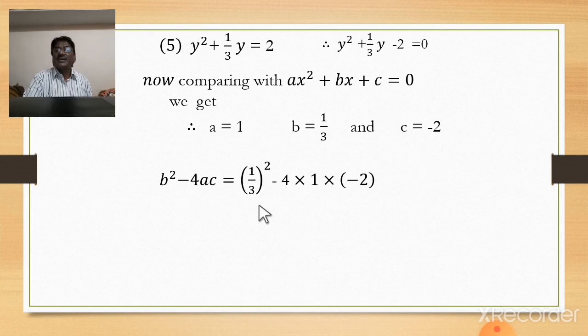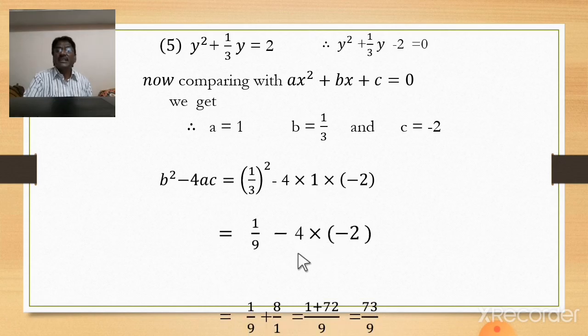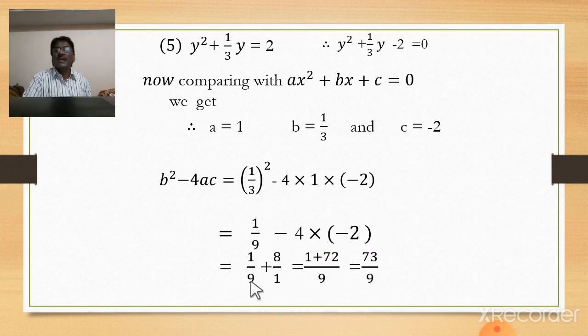Therefore we get b square minus 4ac is equal to 1 upon 3 square minus 4 into 1 into -2. Now the square of 1 upon 3 is 1 upon 9. In multiplication of -4 and -2 we get plus 8. Therefore we get 1 upon 9 plus 8, and 8 is written as 8 upon 1.